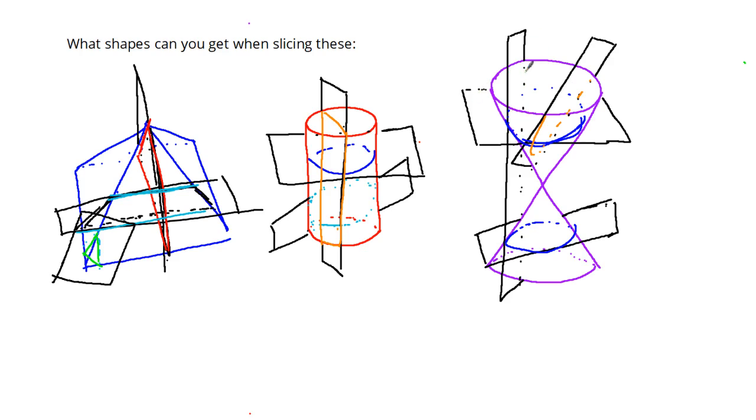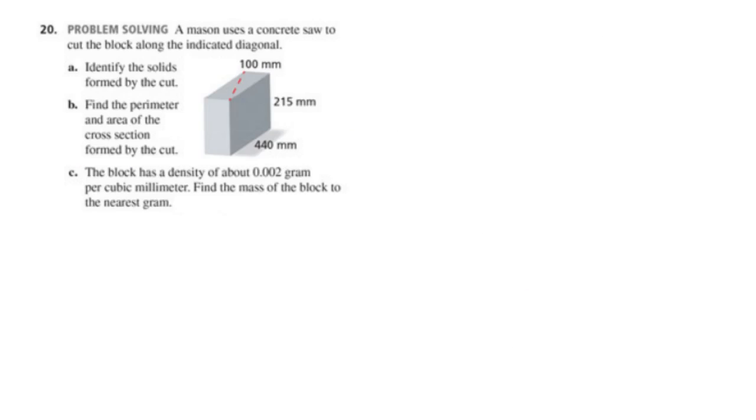And then the hyperbola. It's gonna look something like this, like this, like this, and like this. So those are the four conic sections of the slices.